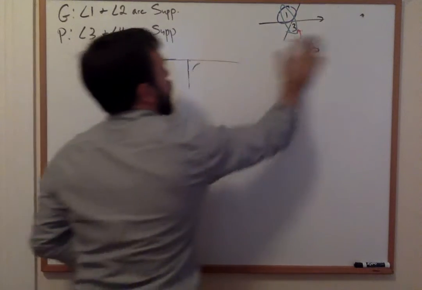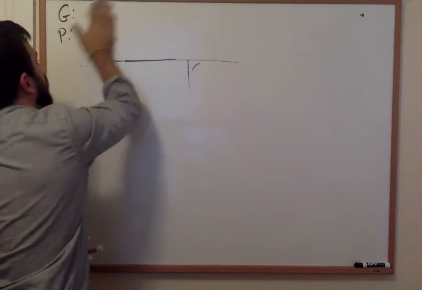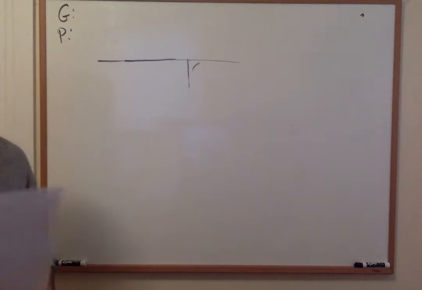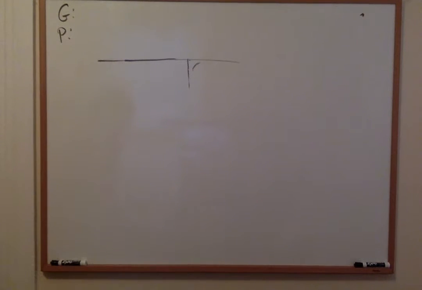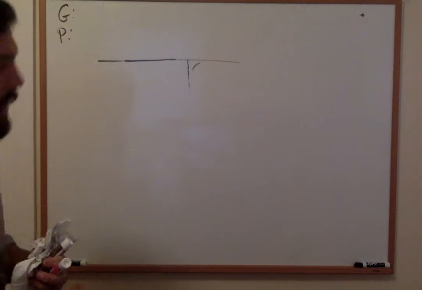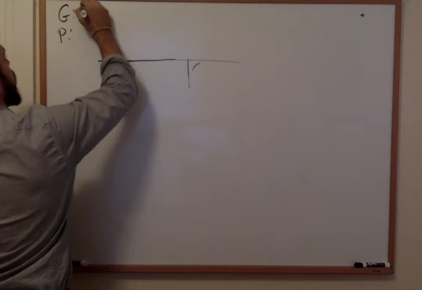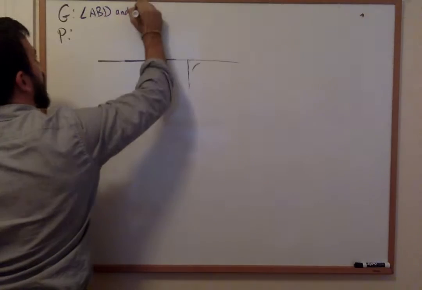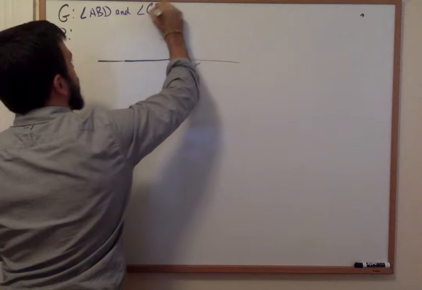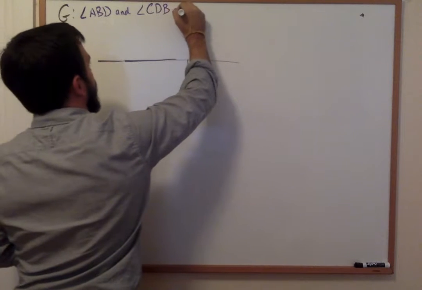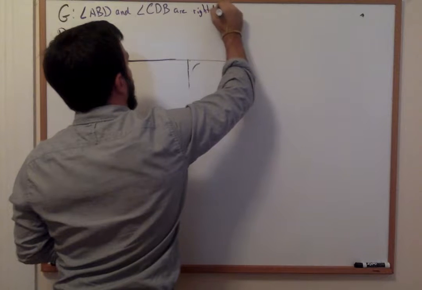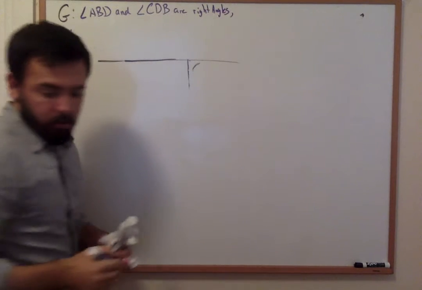A couple more. All right, what we got next? That's 4. Number 5. We have given angle ABD and angle CDB are right angles.